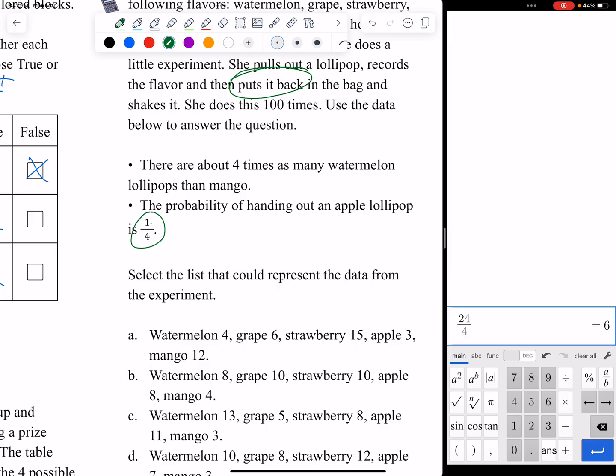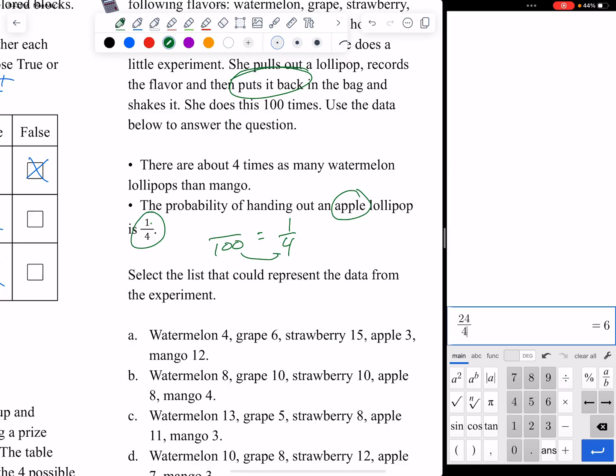So the first thing was out of 100, right? 100 is nice because it's 100%. If I got 3 out of 100, that's 3%. If I got 64 out of 100, it's 64%. That's the probability, that's the percentage. So in this case, the probability of handing out an apple was 1/4. So how did I get from 100 to 4?